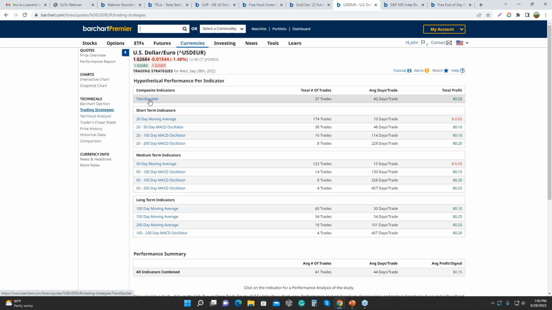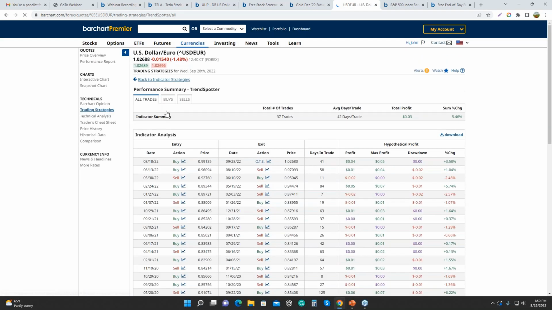Here's Trend Spotter, and you can do some back testing this way. It'll tell you how many times the signal has been indicated, and this could be buy and sell signals, how many days the average trade is, and what the total profit would have been. But I think, Gene, we can break this down by both buys and sells, can't we?